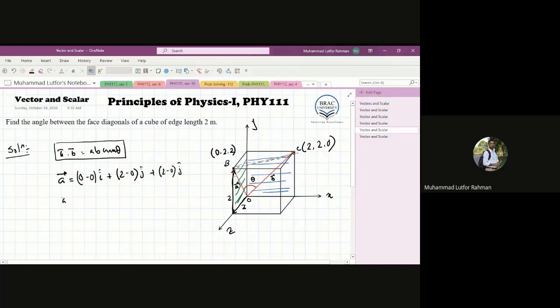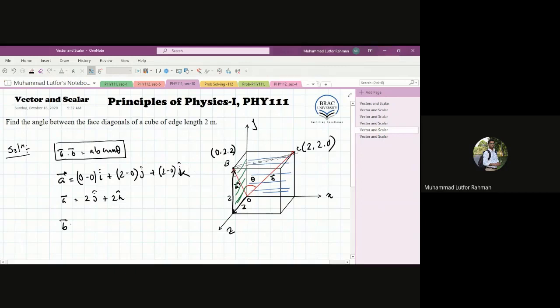So ultimately this will be 2j hat plus 2k hat. Right, this is that vector, 2j in that direction and 2k. So this is the vector A.